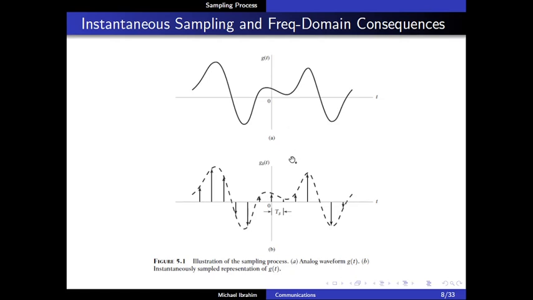So the instantaneous sampling process can be mathematically modeled as if we're multiplying g(t), the signal to be sampled, by a train of impulses, delta(t minus nTs), and these impulses are equally spaced at Ts, 2Ts, 3Ts, and so on. And we get the resulting discrete time signal g_delta(t), the sampled version of the signal.